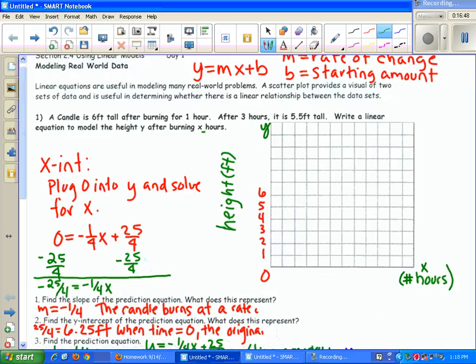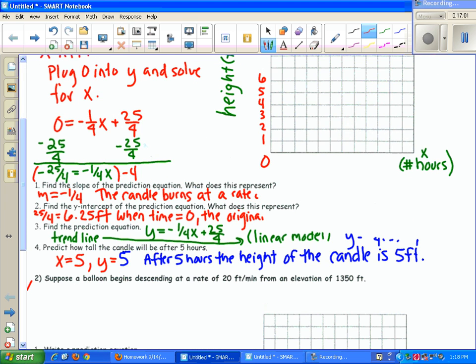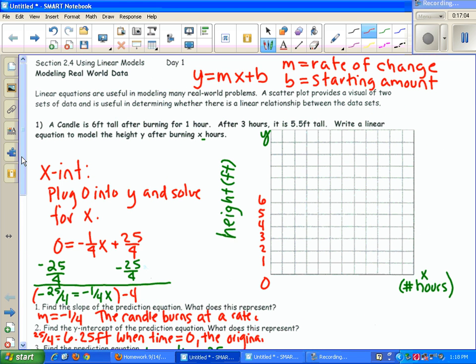I have to get x by itself, so if it's being multiplied by negative 1/4, I want to divide both sides by negative 1/4, or I can do the same thing as multiplying both sides of my equation by negative 4. And when I do that, I end up with an x-intercept equal to 25. So if I write that out, my x-intercept is (25, 0).